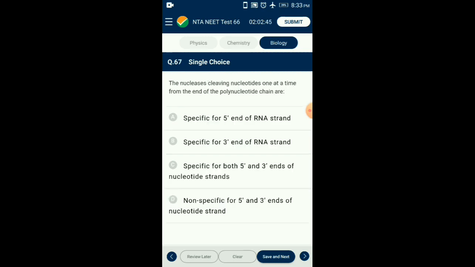The nucleases cleaving nucleotides one at a time from the end of the polynucleotide chain are? Exonucleases remove nucleotides from the terminal ends, either 5' end or 3' end of the DNA, in one strand of double stranded DNA. So the answer is option C, specific for both 5' and 3' ends of the nucleotide strands.